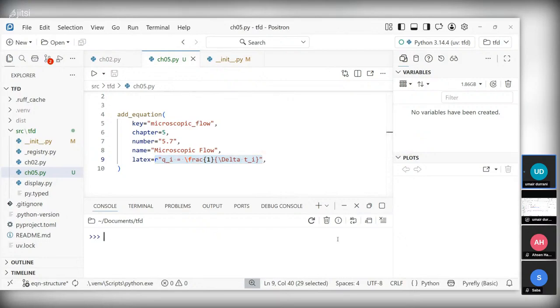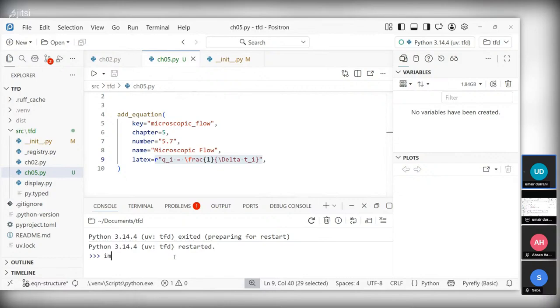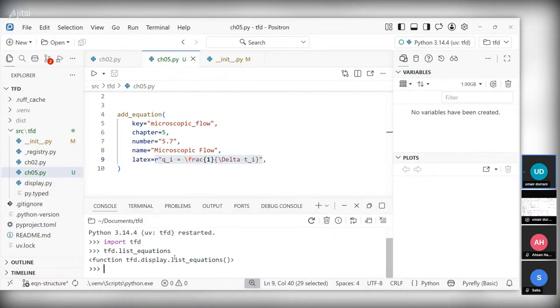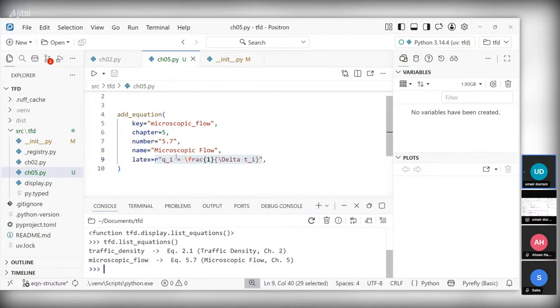Now let me restart my session and then import the package. If we now look at list equations, currently we only have two: traffic density equation from equation 2.1, chapter 2, and microscopic flow, this one.